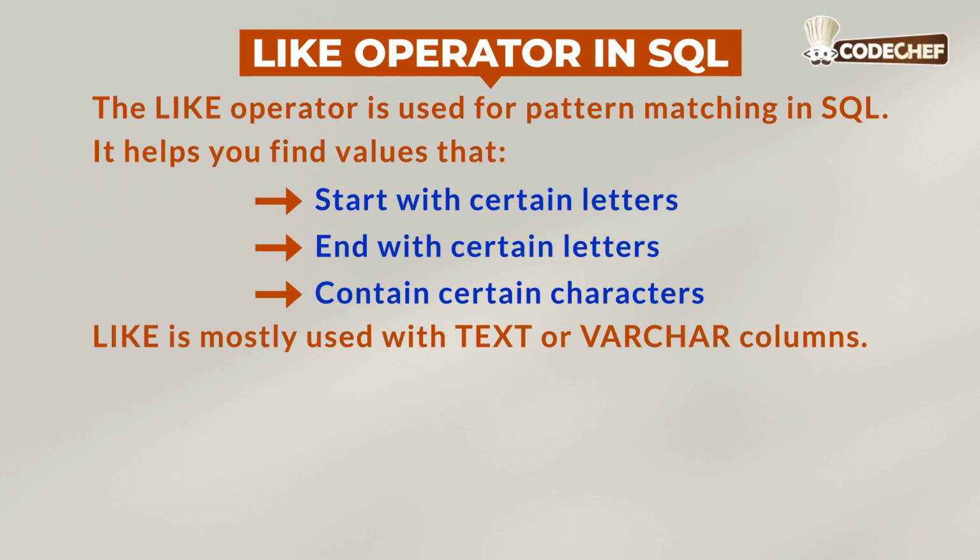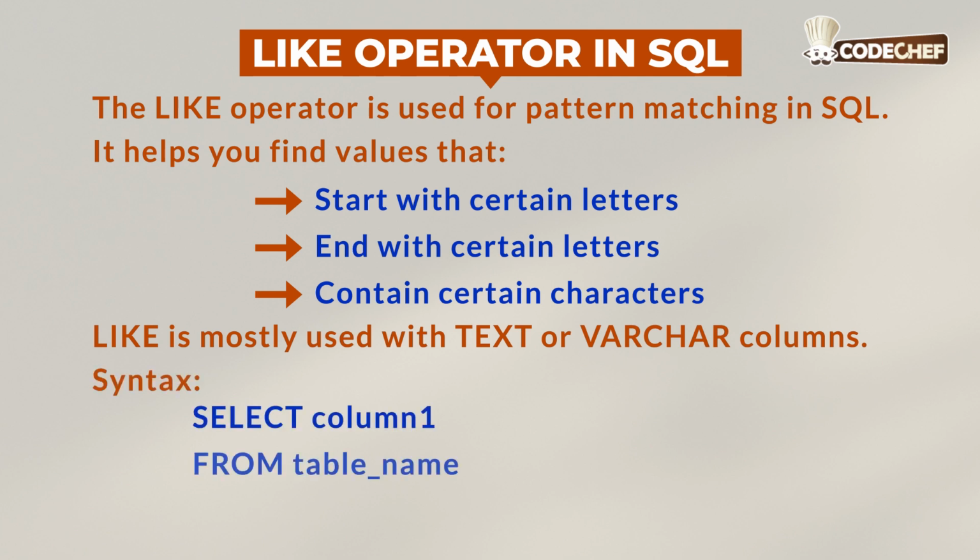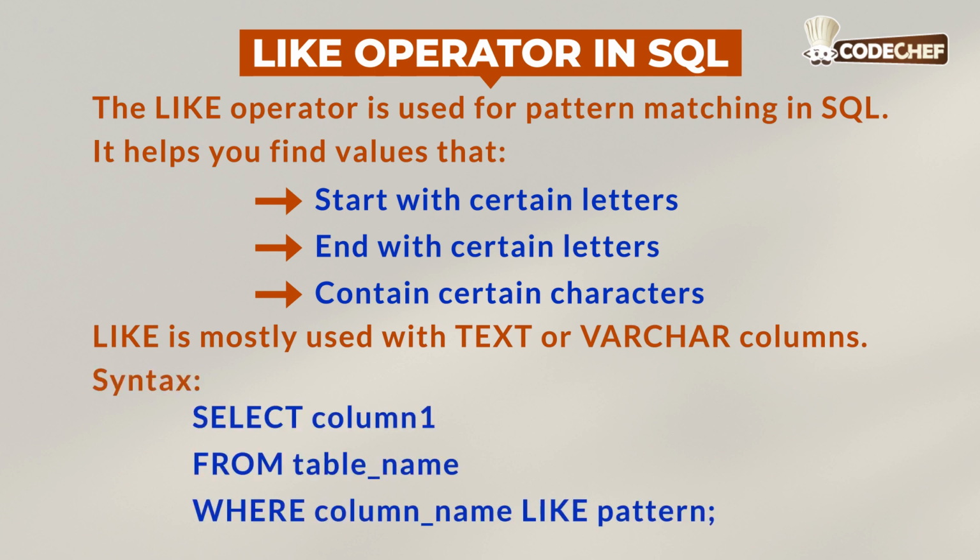We can use it to match the starting letters of the word or the ending letters or anything that is in between. Its syntax is select column 1 from table name where column name like pattern semicolon. So this particular query will help us in fetching data based on the column name where entries match the given pattern in the query.